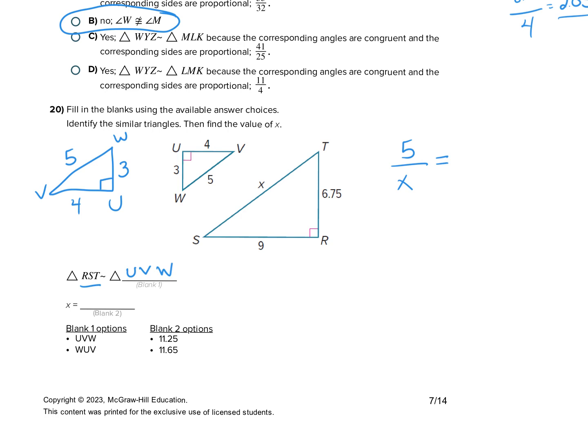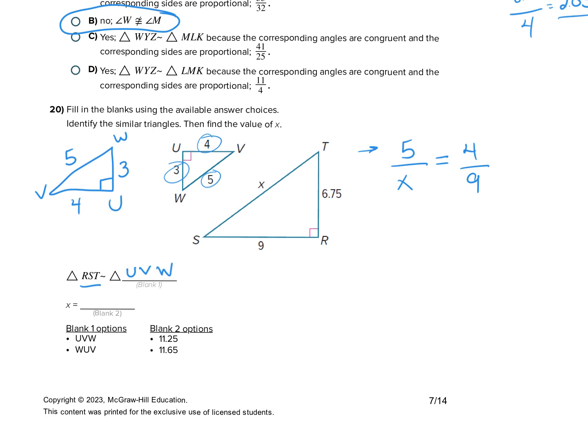I like whole numbers better. So I'm going to set up my proportion using 4 and 9. Now remember, I listed the values of my smaller triangle on top. So all of my values for my smaller triangle have to be in the numerator, and all the lengths from my larger triangle have to be in the denominator.